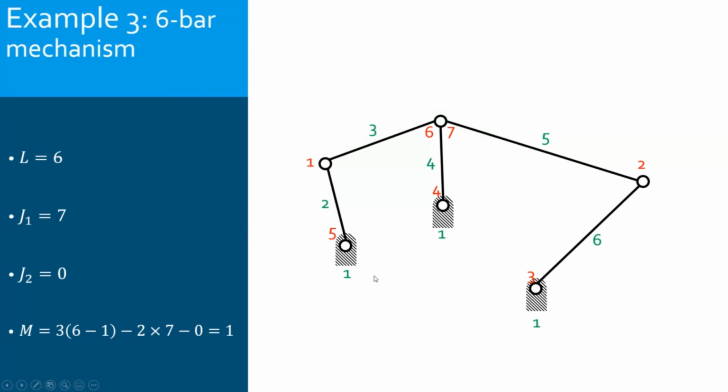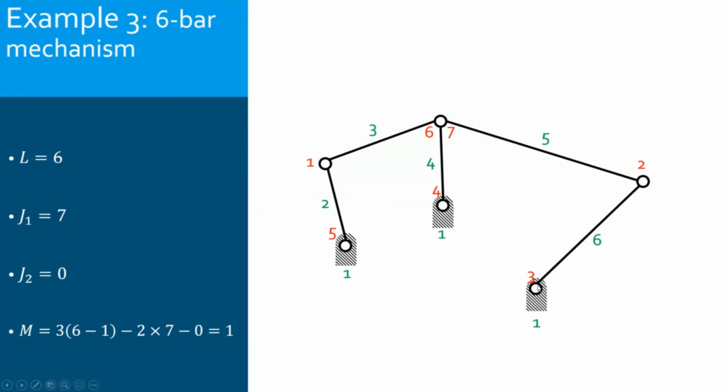Except that I have 5 pin joints that are ordinary, of order 1. They connect only 2 links, and I will count each one once. So here I will have 1 pin joint between 2 and 3. Then I will have 1 pin joint between 5 and 6.